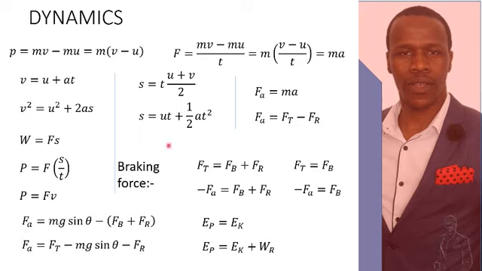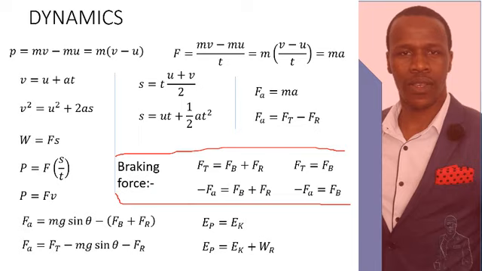Then we can talk about the braking force. You will notice that it's here. All of this section is for braking force. When we have FT and FR, then the braking force will equal FT minus FR. When we do not have FR, the braking force will equal FT.